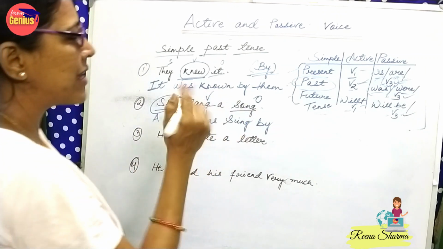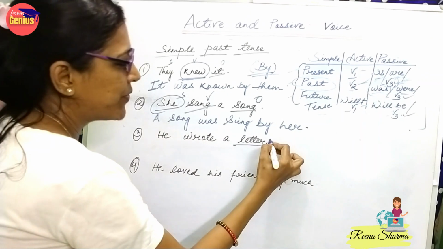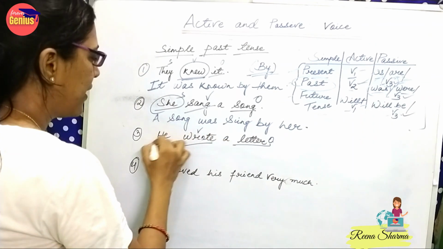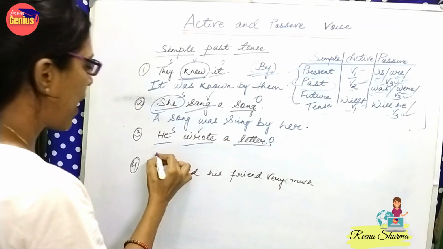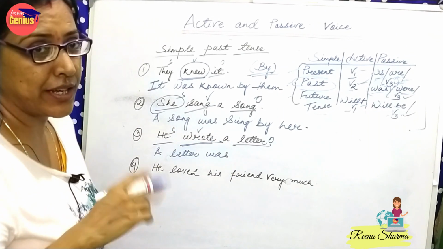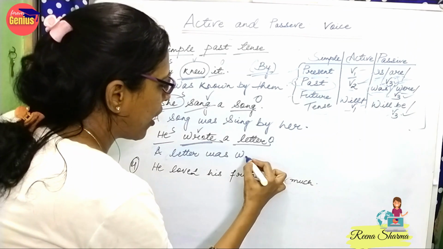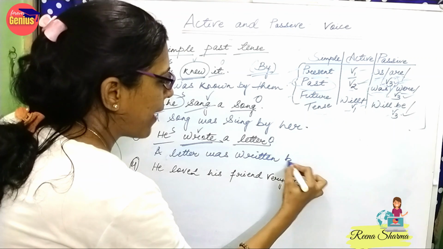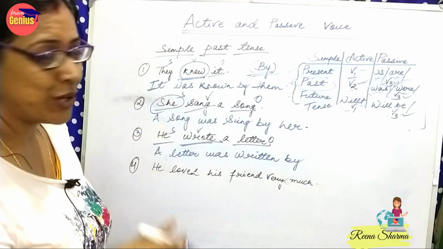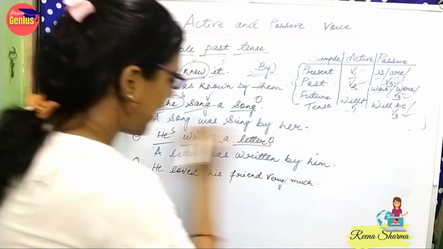So a song was sung by her. He wrote a letter. Object, verb, subject. So a letter was. Write, wrote, written. A letter was written by. No, don't write he. A letter was written by him.